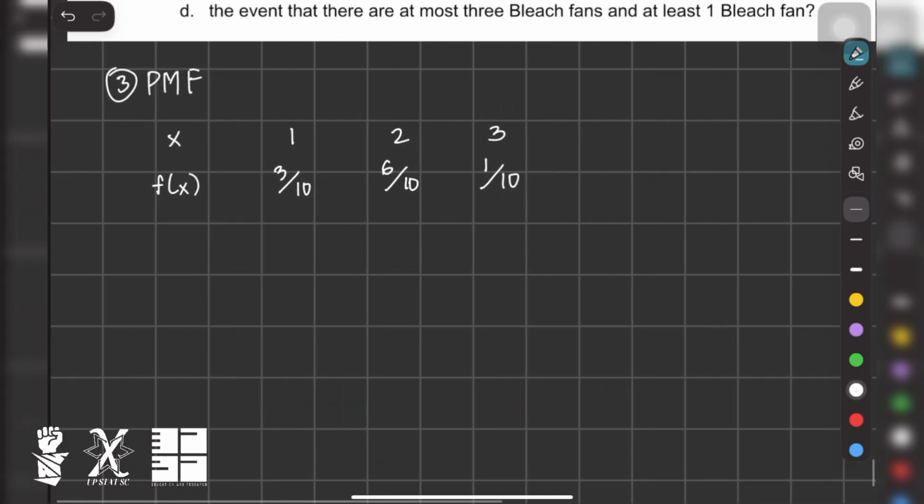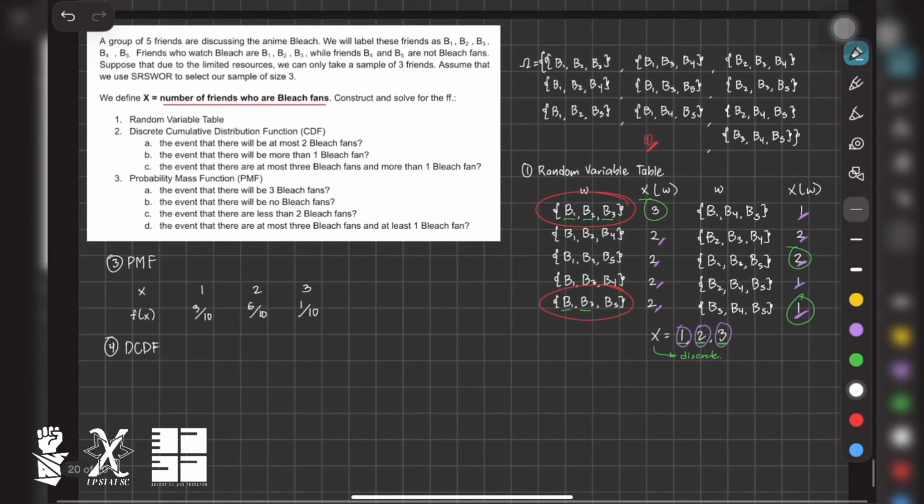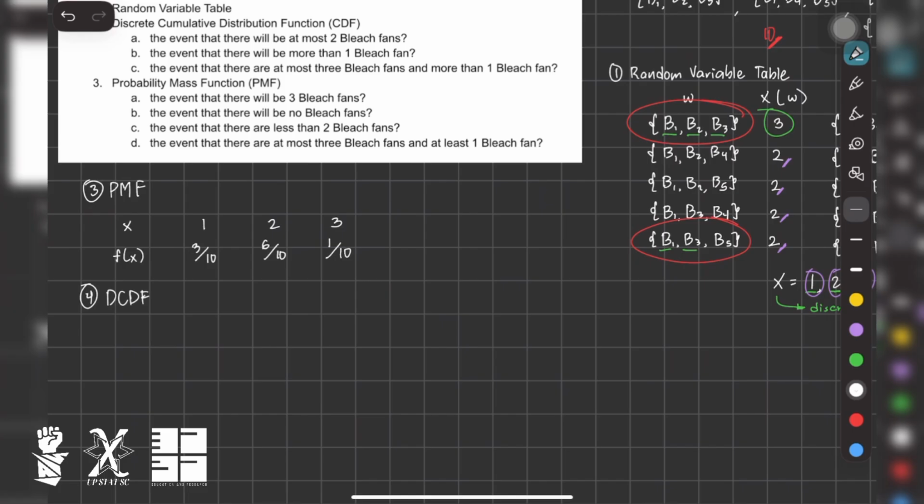Next, we shall solve for the discrete cumulative distribution function, or the DCDF. Usually it's just CDF, but for certain terms we use DCDF. So first, when constructing our DCDF, note that for the cumulative distribution function, we are checking the probability that the random variable is less than or equal to that mass point.